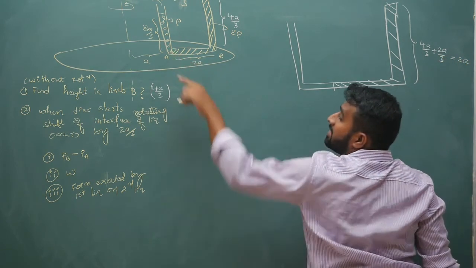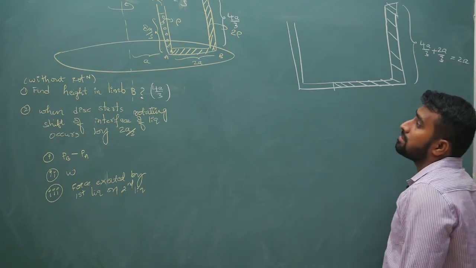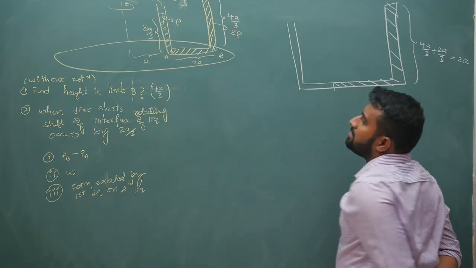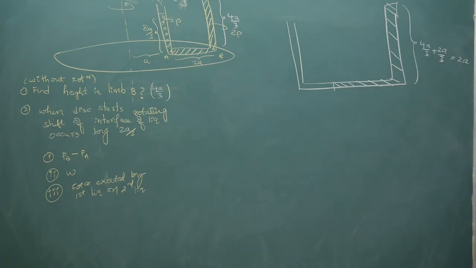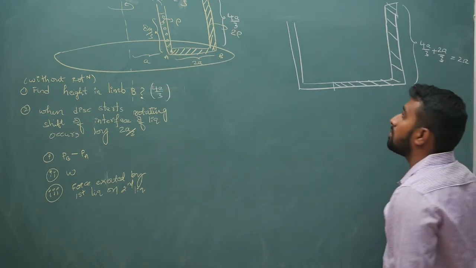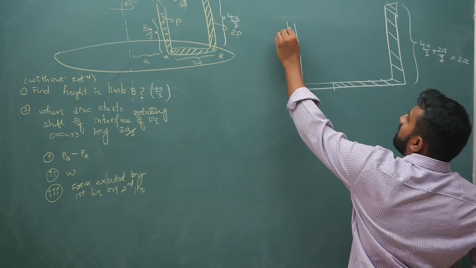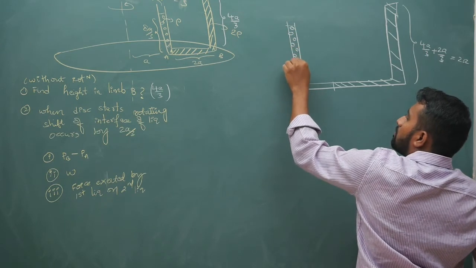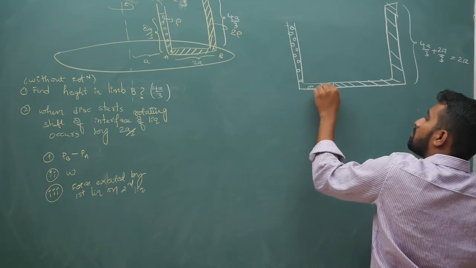This side it is 8a by 3 minus 2a by 3. So the liquid is moving ahead further by 2a by 3.